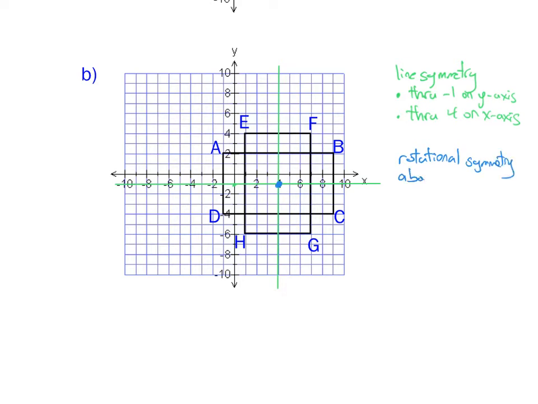So there'll be rotational symmetry about that point. That point is 4, -1. And what's it going to be? Well, what we can see is it's actually going to be 90 degrees.